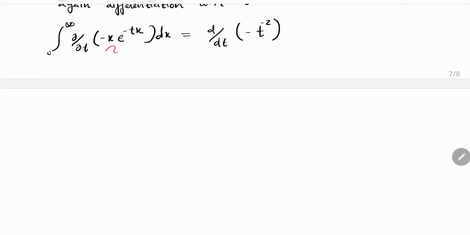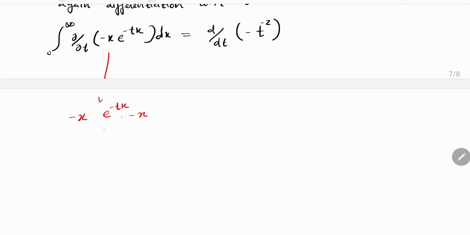If you are considering this side, we are taking a partial differentiation. Here t is varying and x is a constant, so we can take the partial differentiation: exponential of minus tx into minus x.